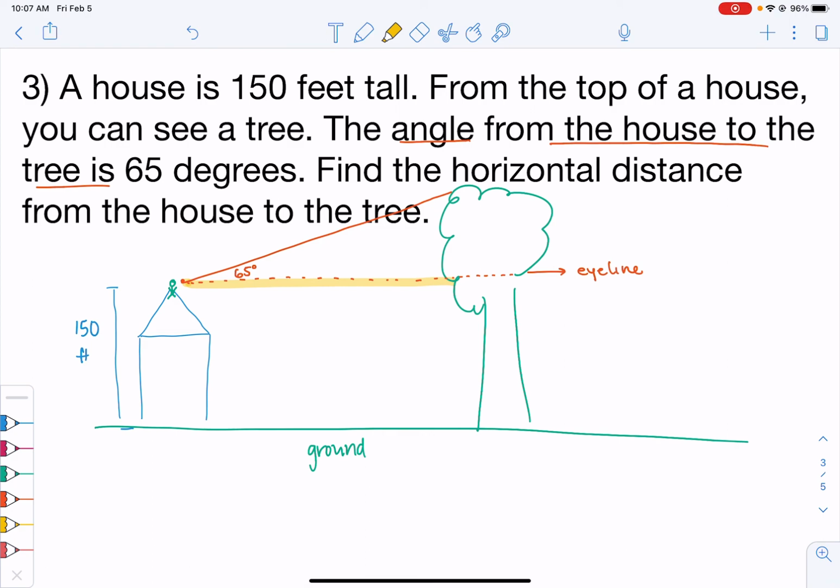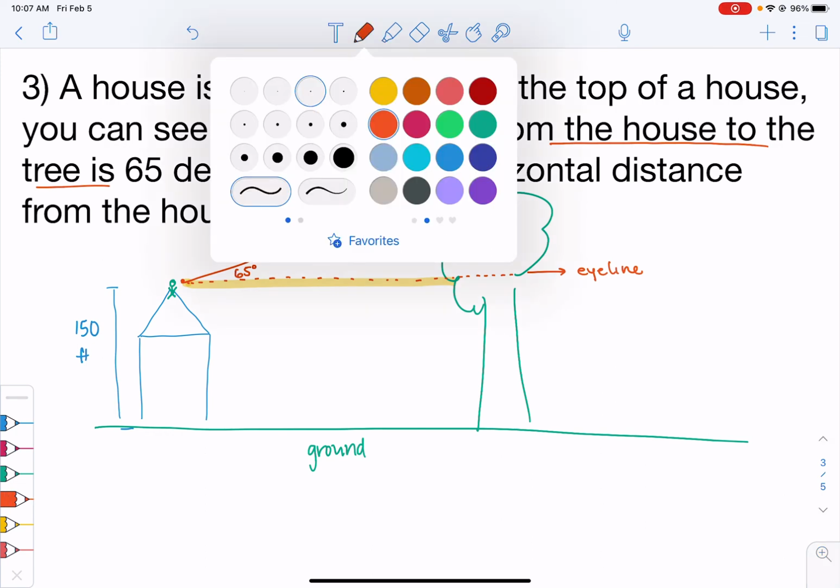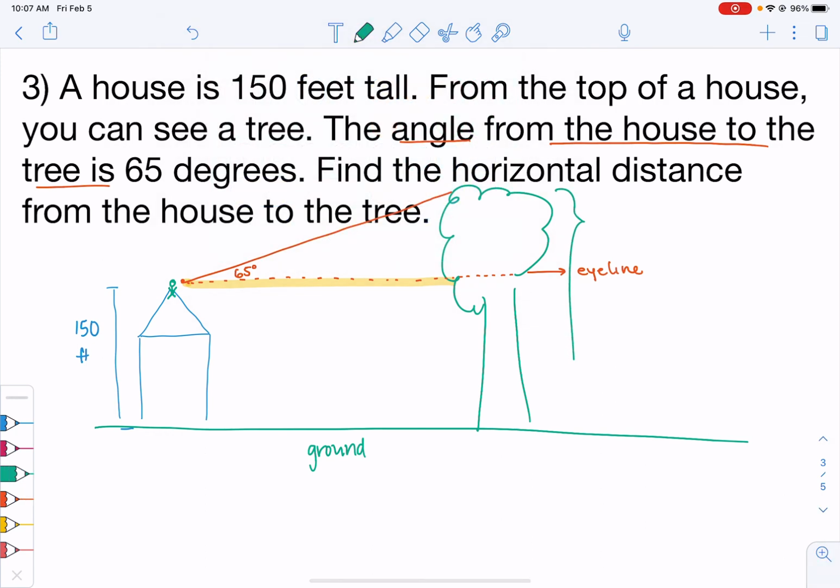Let's say we know the tree is 200 feet tall. It's a very tall tree. And we want to find this horizontal distance from the tree to the house.